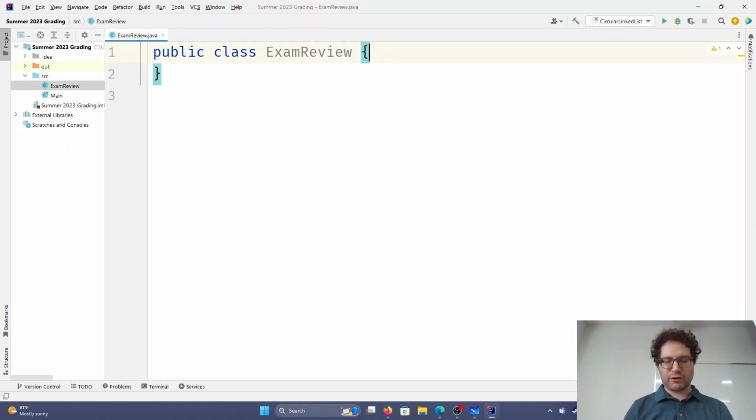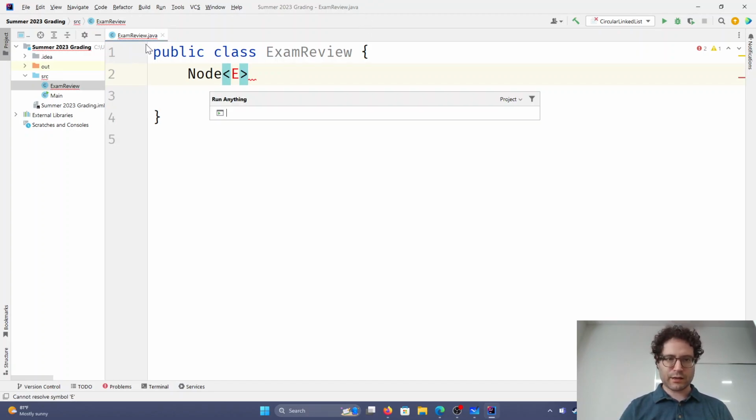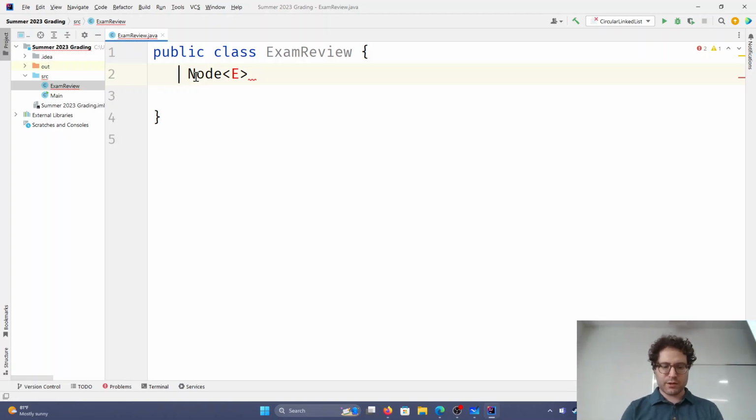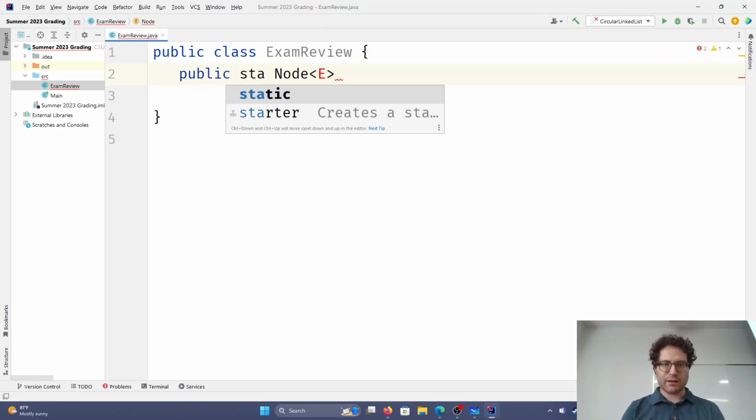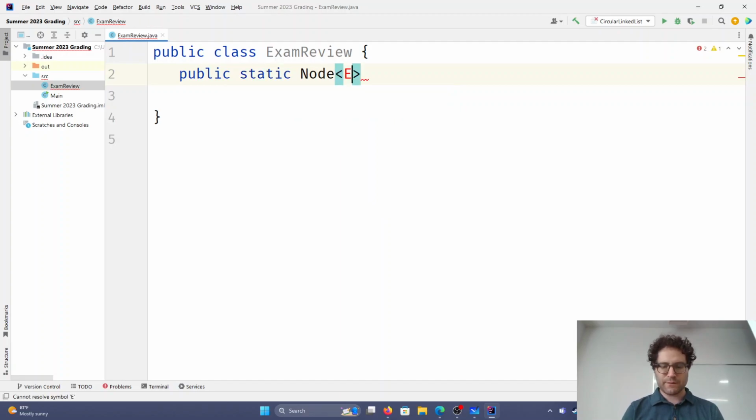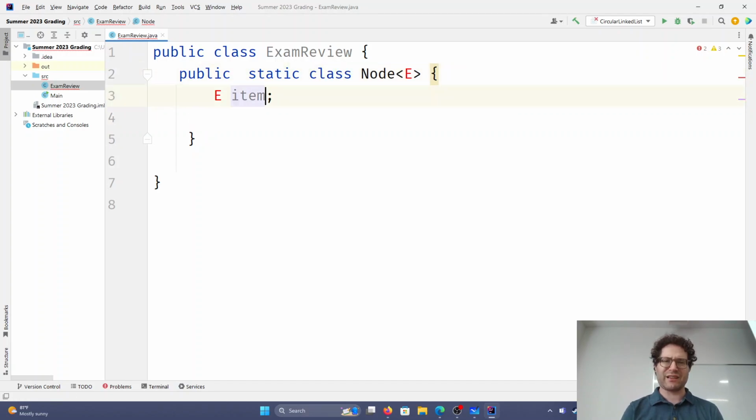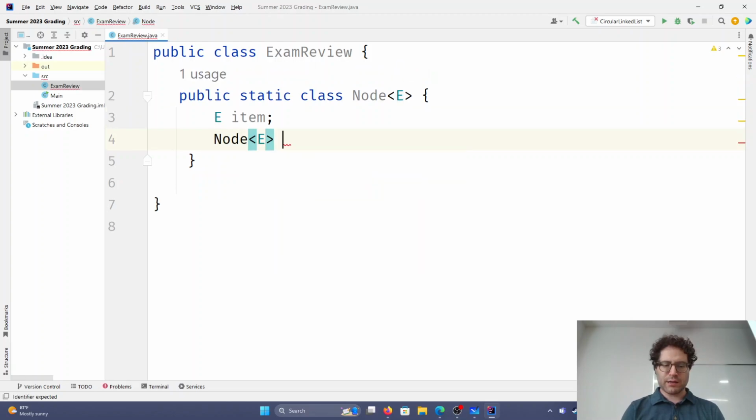I'm going to create a node, public static class Node E, takes in an E item, Node E left, Node E right. Oh, I have to say class. Okay?